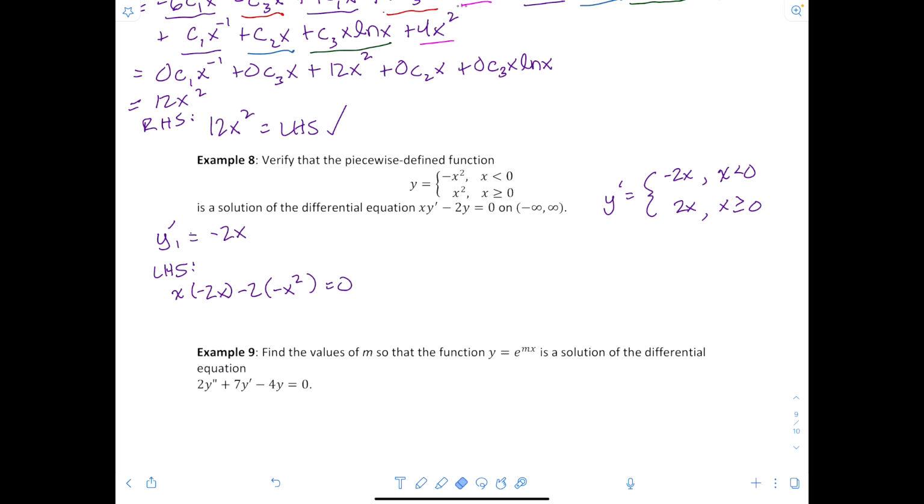Whoops, that's the right-hand side, my bad. This is just equal to 0. The right-hand side is 0, which is equal to that left-hand side.